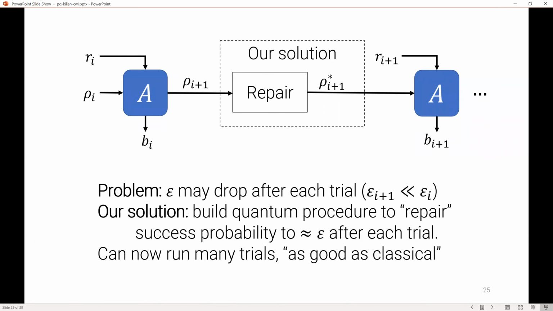Sorry, there's still some property that I'm missing, because this repair could just replace rho I plus 1 by rho I, right? Sure, but you don't have access to another copy of rho I. So the rho I is really something where you have one copy of it and you need to take very good care of it.